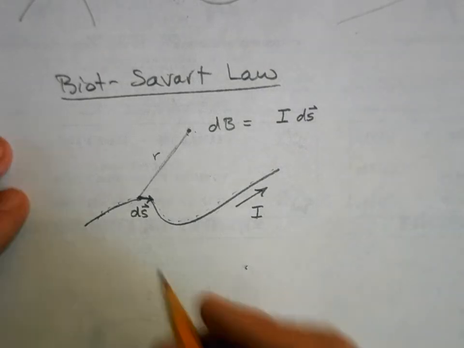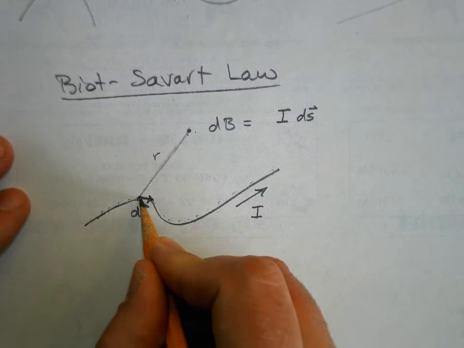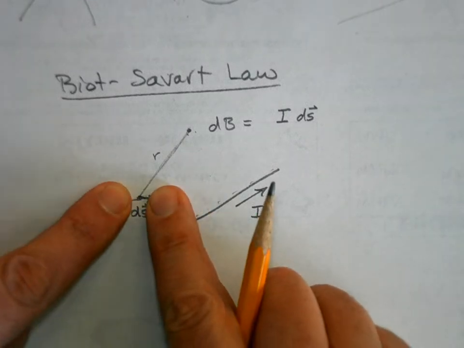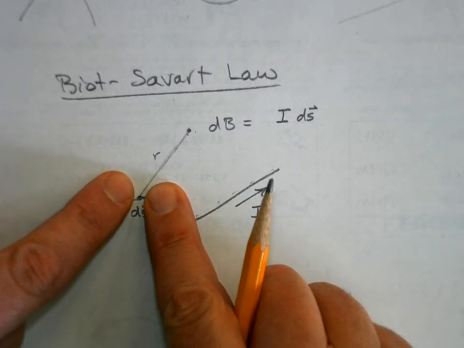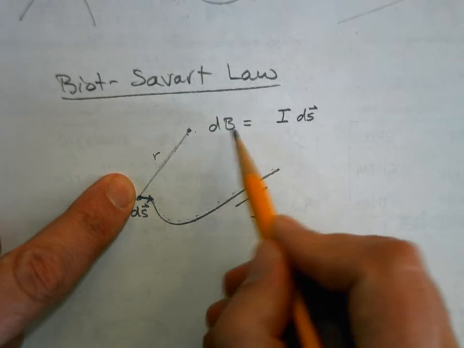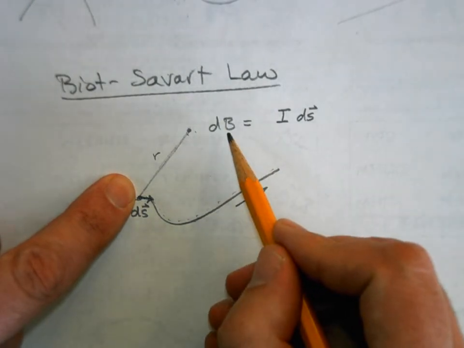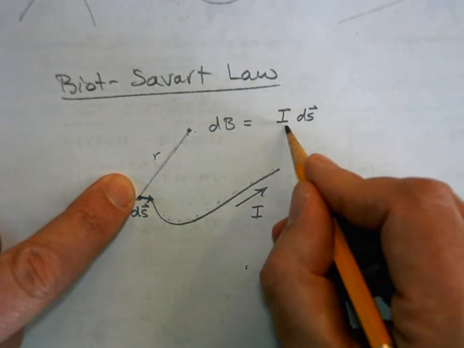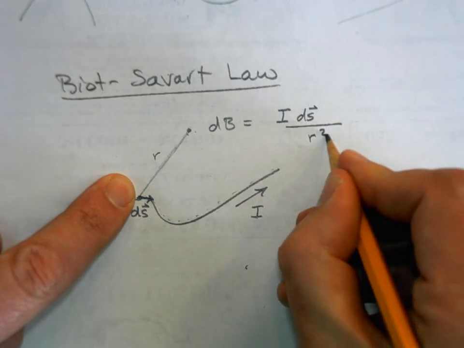If I have a little tiny chunk of the current that I'm looking at, and I'm trying to figure out how much magnetic field it causes over here, it turns out to be proportional to 1 over r squared.